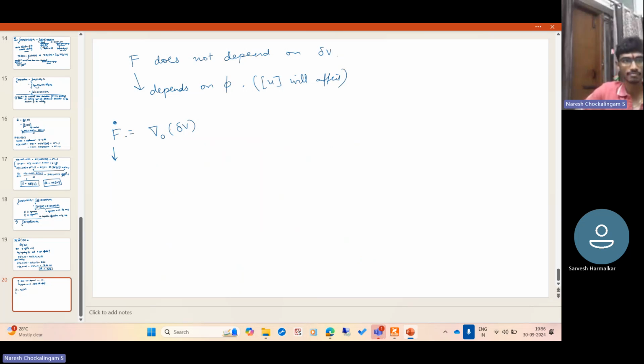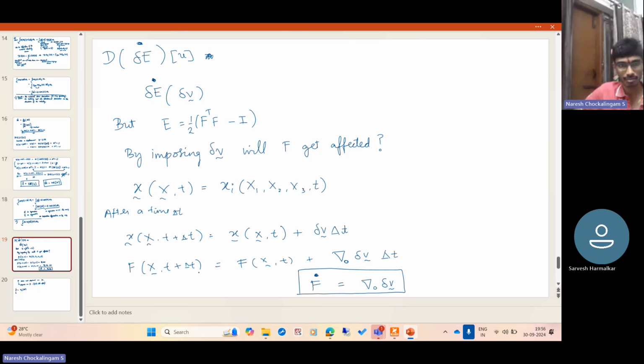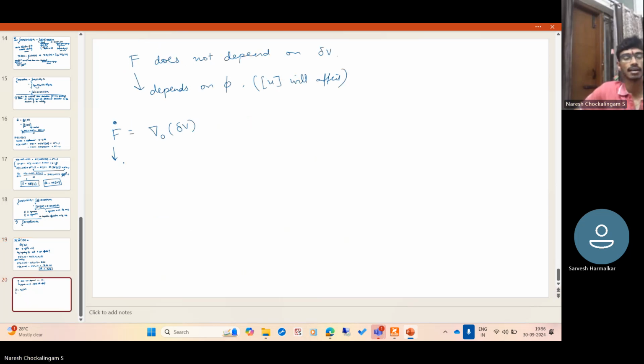So you see, one component is F of x itself before imposing that velocity field, which comes from the actual deformation, and it also has a component coming from the virtual velocity field imposed. This is the material time derivative of F. So this is the virtual F dot.